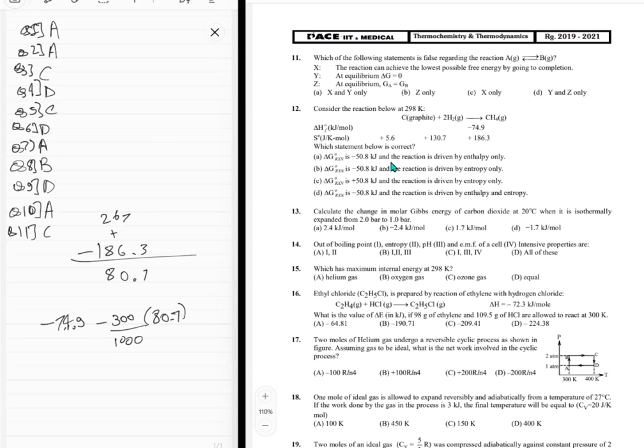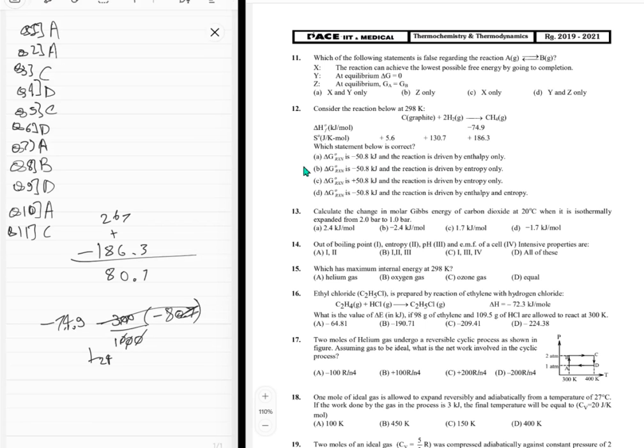Sorry, this is negative, right? We want the opposite, so negative 80.7. So this is approximately 8, and when you cancel these away, it's positive 24. So it's negative 50.9, or near that, 50.8 works.